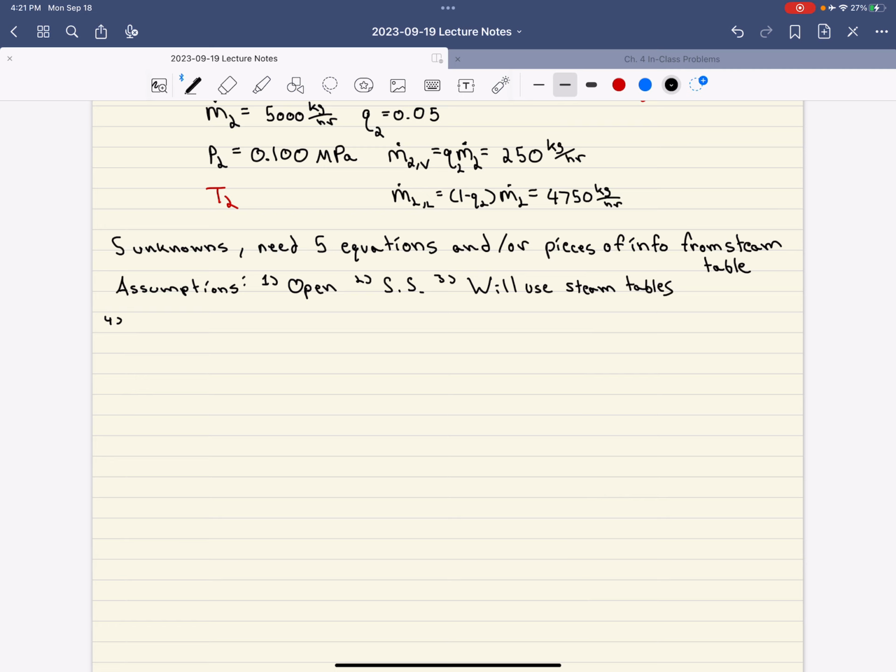We're not going to worry about changes in kinetic or potential energy. And then based on this problem statement, we're also not going to worry about any sort of heat term.